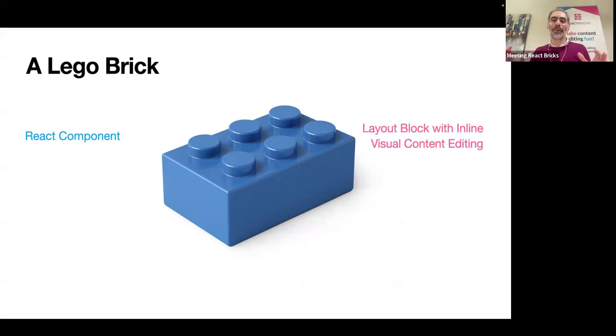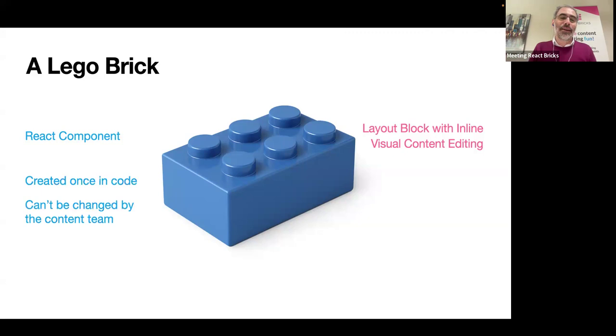It's a layout block with inline visual content editing. It's like using Word or Pages, a word processor. Very easy to use: drag and drop and write. At the same time, it's written in code with all the constraints that the developers and the designers want to put into this brick. So it's created once in code. It can't be changed by the content team, so the code is not changed by the content team, but it can be infinitely composed.